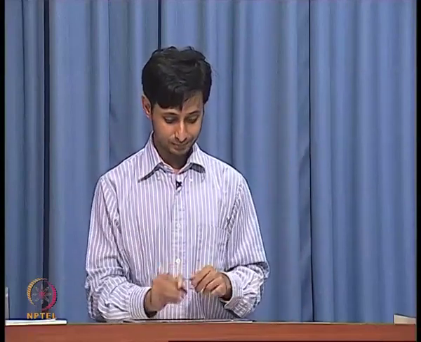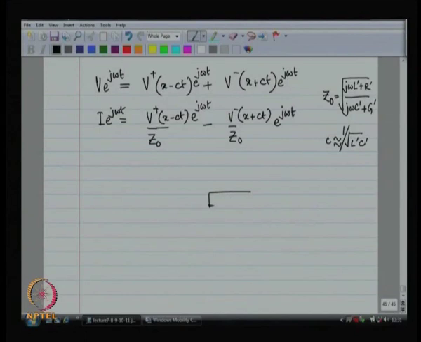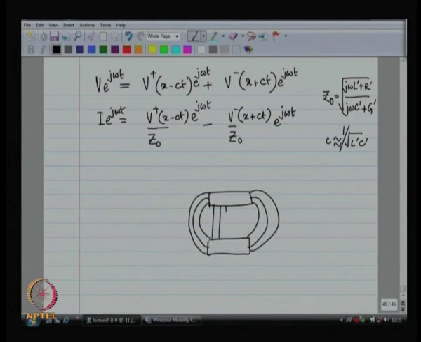This fringing is going to happen along the perimeter of the plate. Also, the thicker the plate, the more fringing. So, these are my field lines.